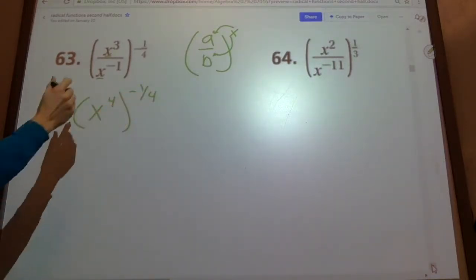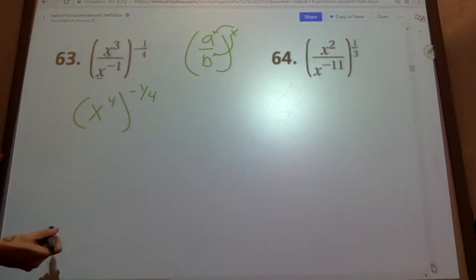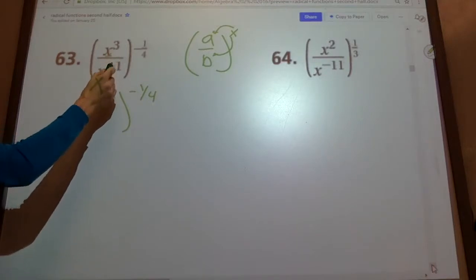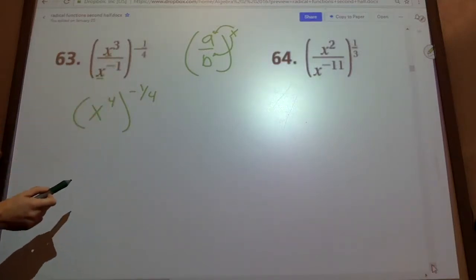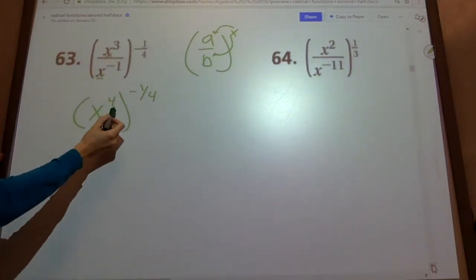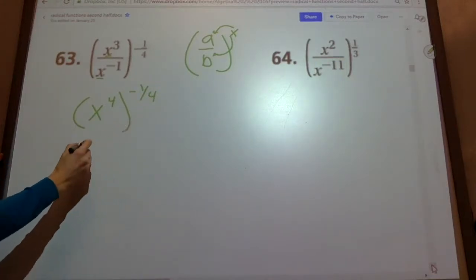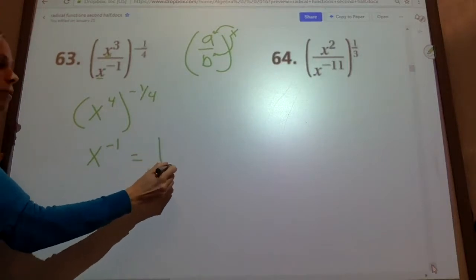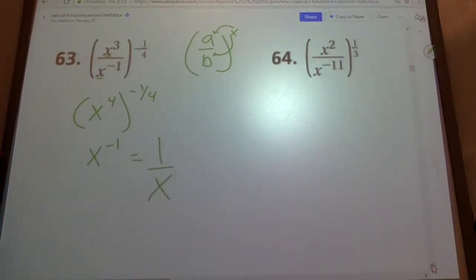That's going to be easier than doing it separately. How did I get 4? 3 minus a -1 is 4. What's 4 times -1/4? Fix that. 1 over x.